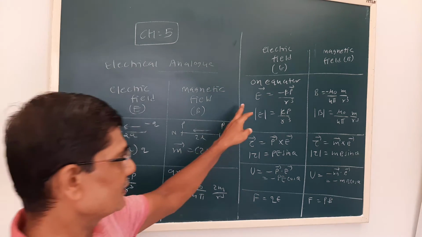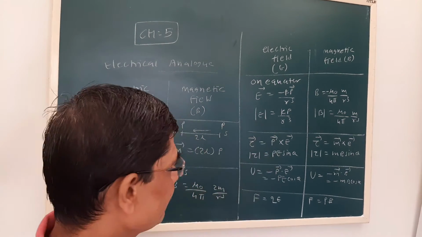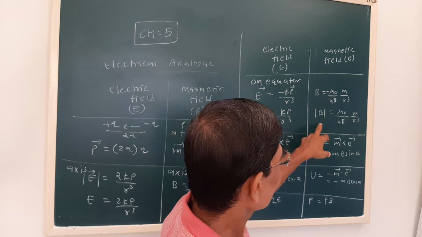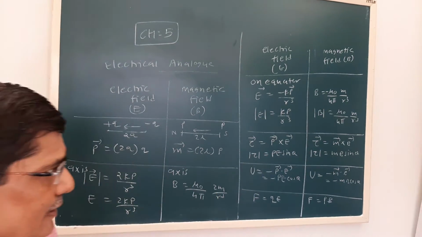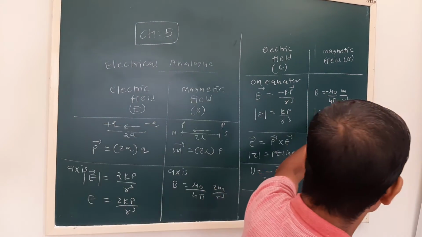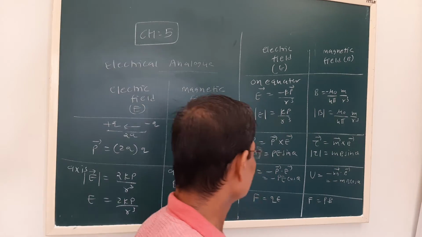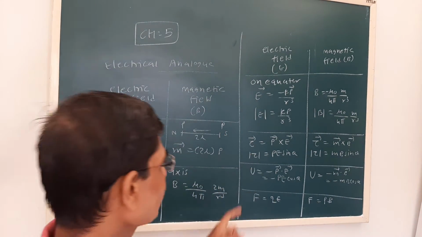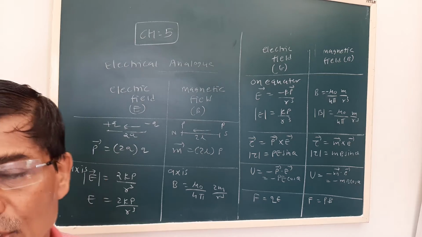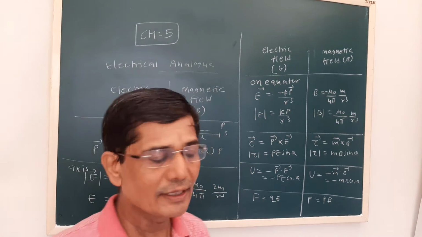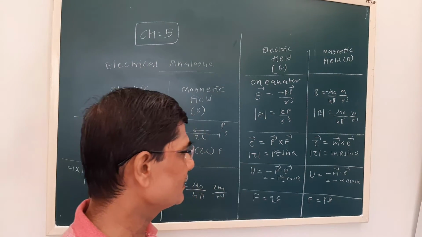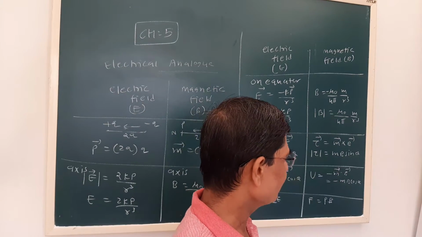Okay, on the equator the electric field is kp upon r cubed, whereas on the equator of a bar magnet or a magnetic dipole moment, the magnitude is mu 0 upon 4 pi m upon r cubed. See, the torque acting on an electric dipole placed in an electric field is p cross E, that is pE sin theta. Torque is mB sin theta.